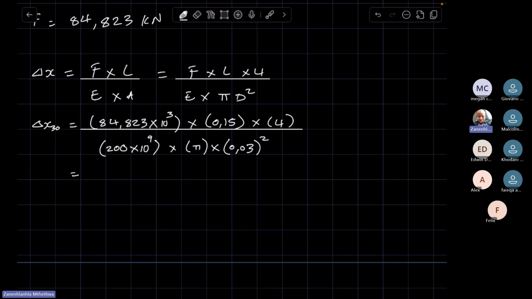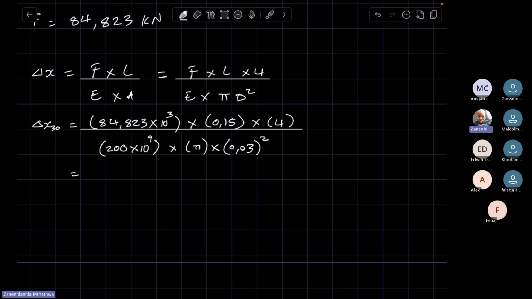Now, the changes in length, practically speaking, are always very small. If you remember, I said for the most part, if a material, be it composites or just one solid object, you find that you cannot see the changes in length with the naked eye.